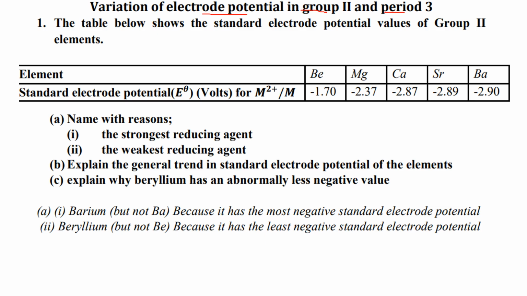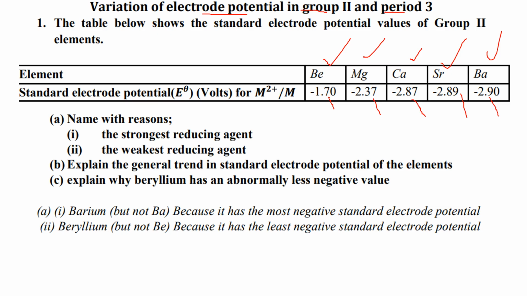its oxidizing powers. So looking at an element, we are going to have beryllium with a negative 1.7, magnesium is going to have negative 2.37, calcium is going to have negative 2.87, strontium and barium, they are going to have 2.89 and 2.90 respectively.